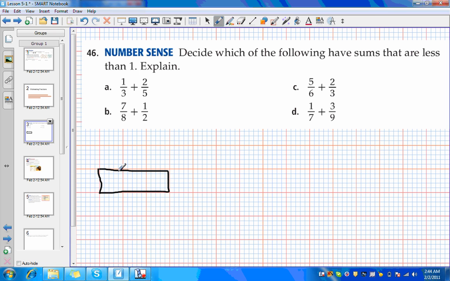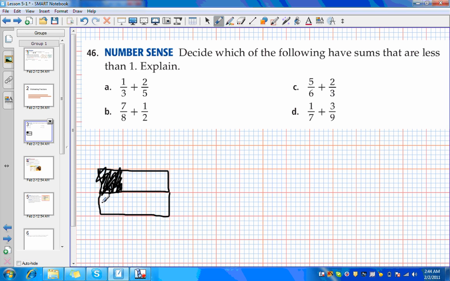So here's 1, and I'm going to shade in the 1/3, out of the whole. And out of the same whole, we're going to shade in 2/5.